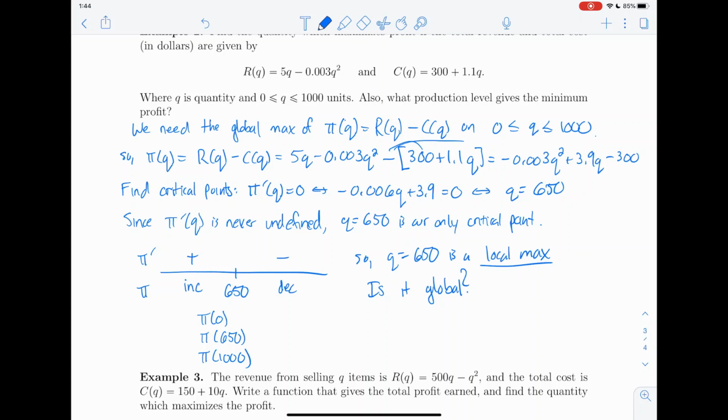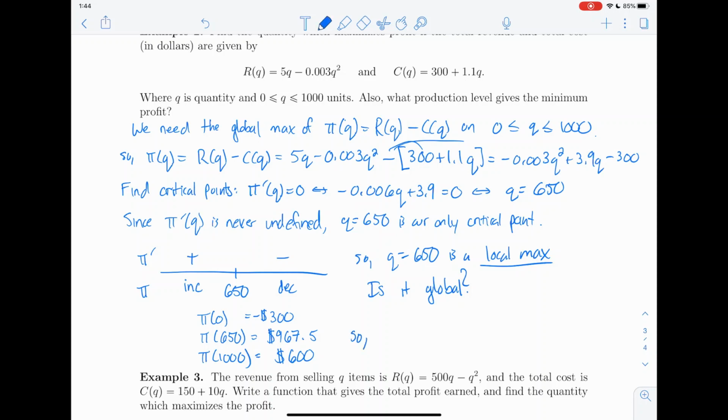Well, if you plug them in, what you end up getting for 0 is negative 300. For 650 you get 967.5. And for 1000, you'll end up with 600. Now, it is important to note that these are dollars, so I should probably add units where I can. So that's negative $300, positive $967.50, and positive $600.